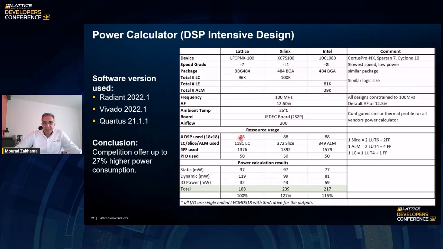So we have 88 DSP, 18 by 18, depending on the vendor. For Xilinx, they are different size, but they will be configured to be 18 by 18. Then the number of slices, logic cells or slices or ALMs used for the same implementation, number of flip-flops, number of PIOs, and static power.